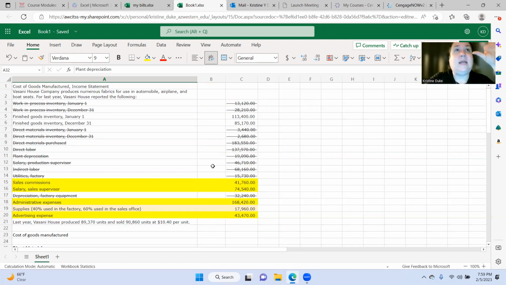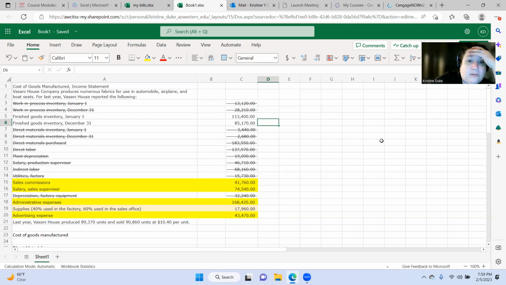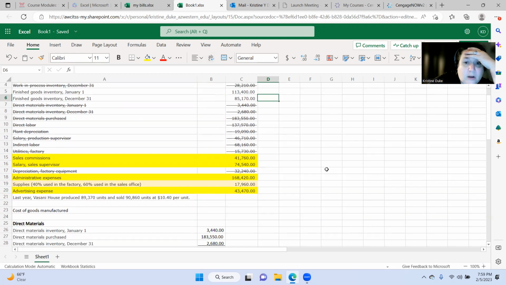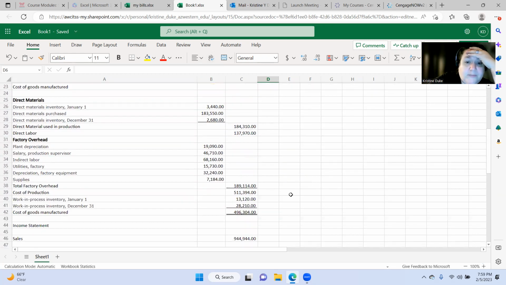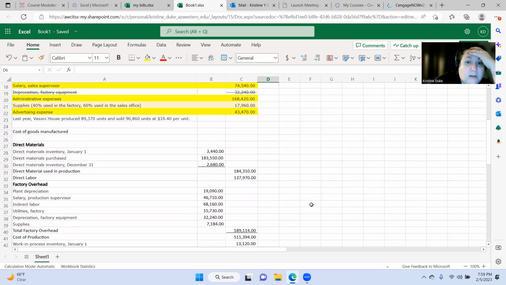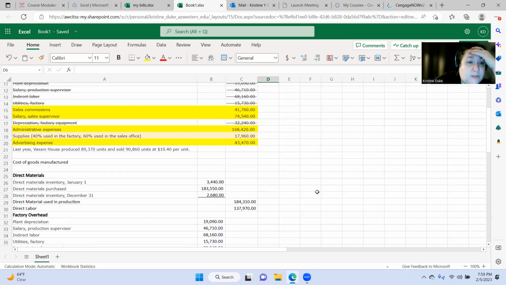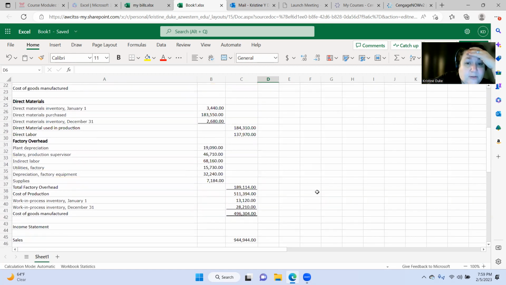And I need to think about first in, first out. Do I still have any ending remaining inventory? So right here, I'm going to go check this out. And so I know that that inventory, I produced, what did I produce? 89,370.